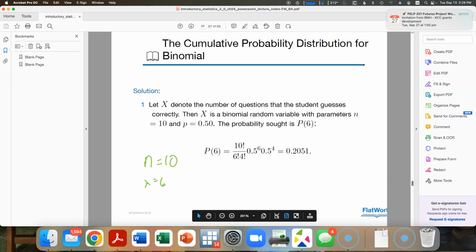Then the probability, it's either true or false, that's why it's 50% probability, to the x, and then the 50% probability, which is found by taking 100% minus 50%. So that's 50% to the n minus x, which is 4. And solved.